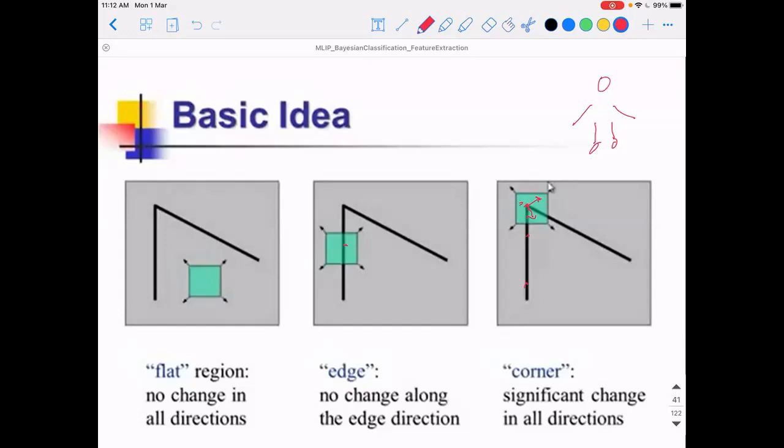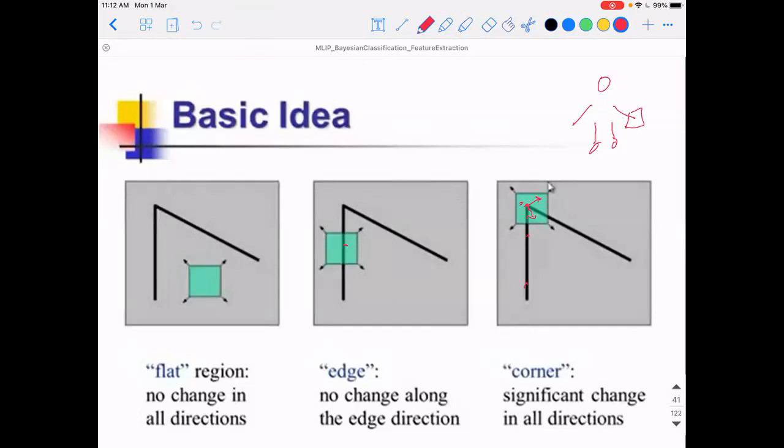The patches around the corner points will help me to uniquely identify where this particular patch is in a given image. So the initial thought about where to look is that we usually look at highly distinguishable points from the neighborhood, and those are usually the corner points.